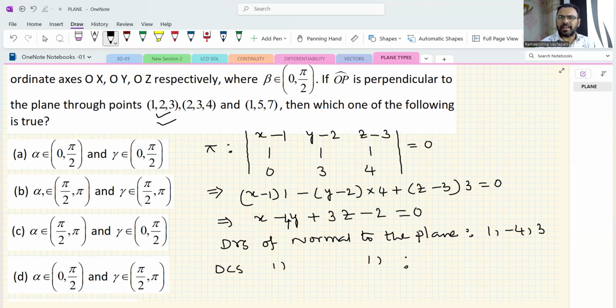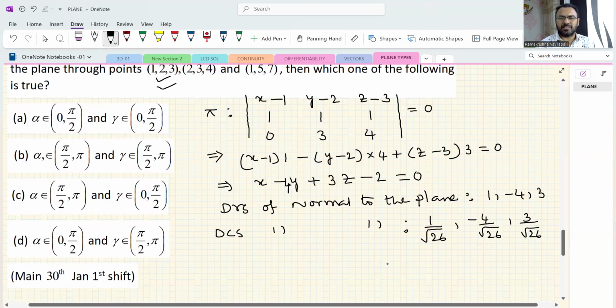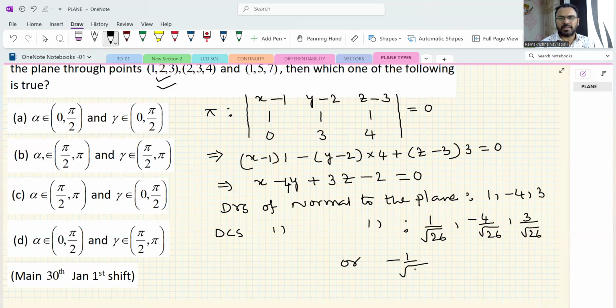You just need to divide by its magnitude. 1 by, you can say this is 16 plus 9 plus 1, root over 26, minus 4 by root over 26, 3 by root over 26. Either this set you have to take or another set is, multiply by negative sign, minus 1 by root over 26, 4 by root 26, and minus 3 by root 26.